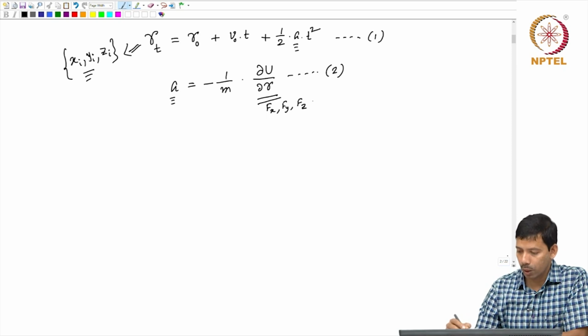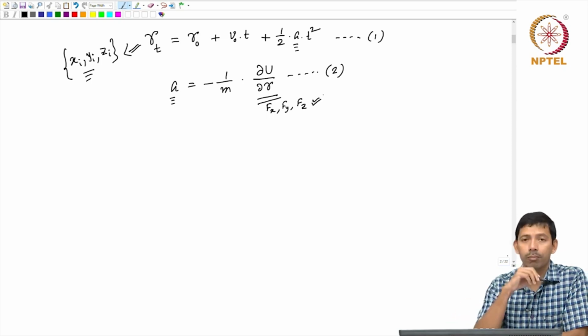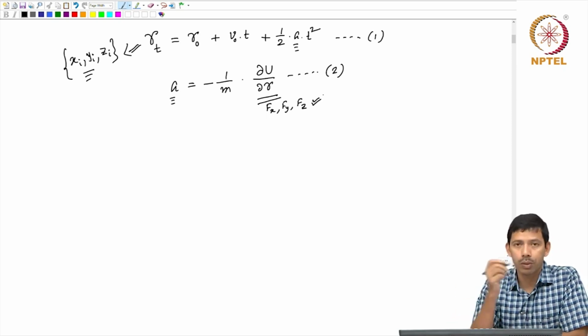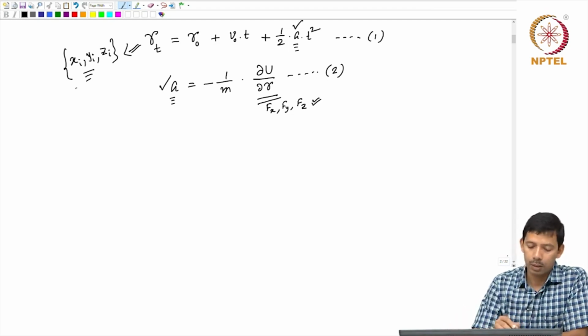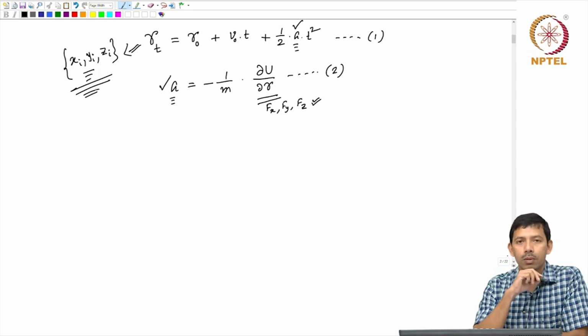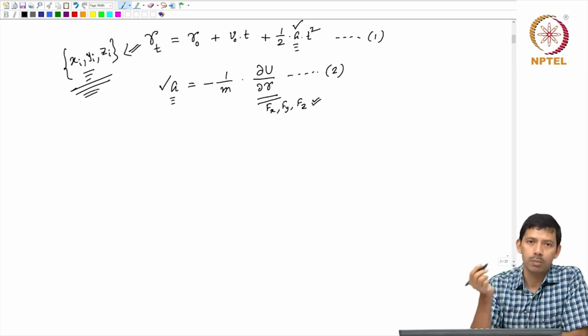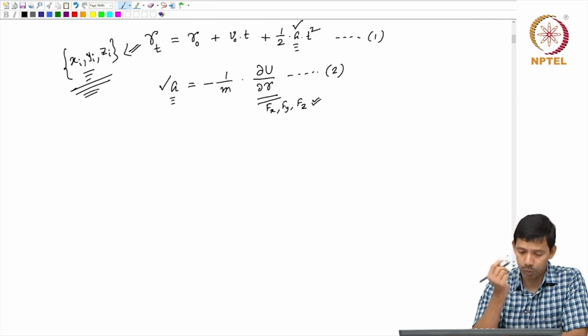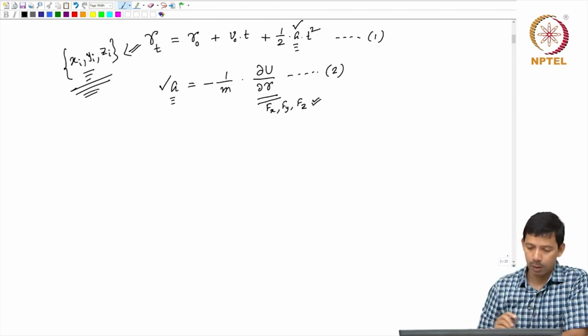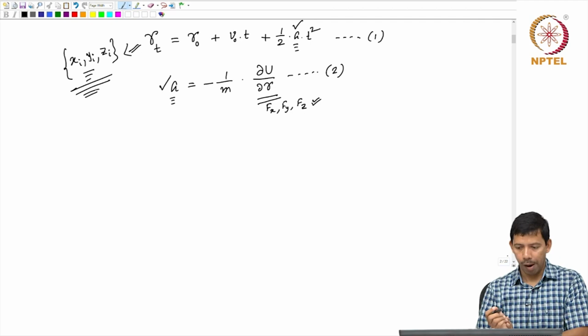So you need to calculate these force components during your calculations, and those will give you the acceleration, and when you feed that into equation number 1, you get this new set of coordinates which give you a new microstate or a new conformation of your biomolecule of interest. So that was the relevance of calculating the force component.